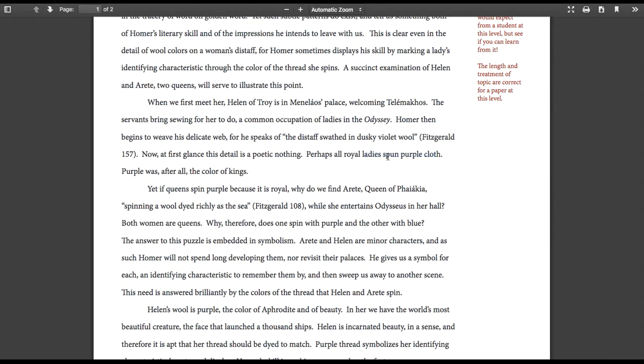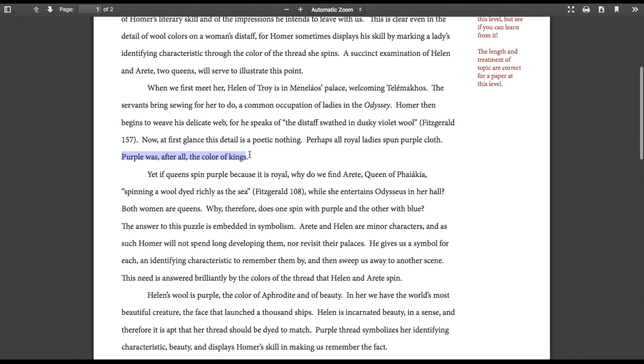And we only know that if we haven't read the story and we don't quite understand this language. We know that because the author of this essay made it very clear: purple was, after all, the color of kings. So this is part of the analysis. The author is analyzing the symbolic nature of the quotation to explain it to us.